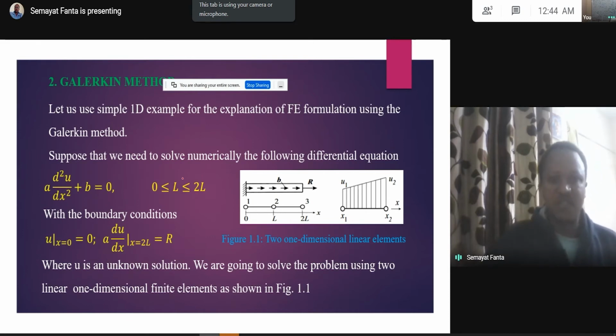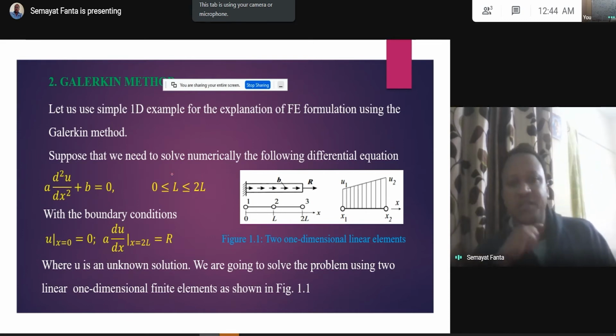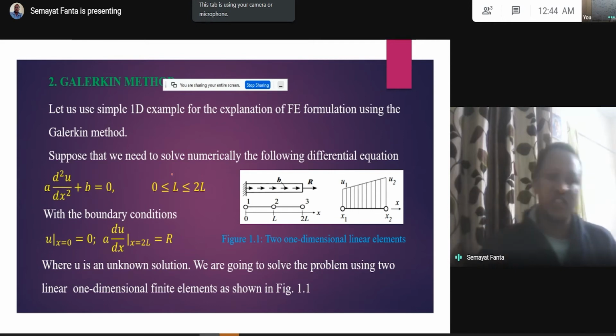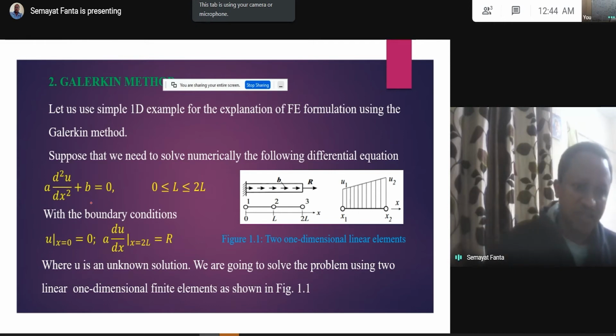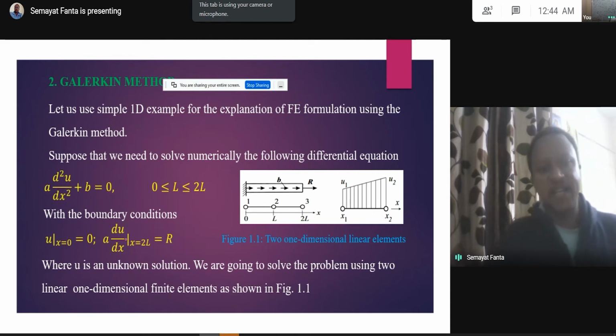Suppose that we need to solve numerically the following differential equation. This is our differential equation, with the boundary conditions u(x) at x equal to 0 is equal to 0, and du/dx at x equal to 2L, which is at the free end, is equal to the applied load R.